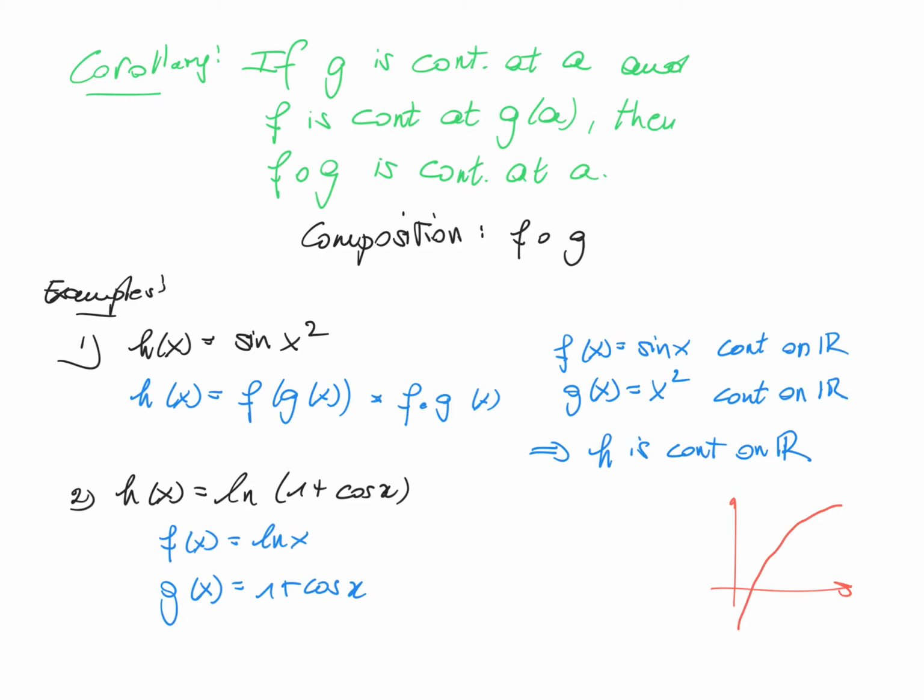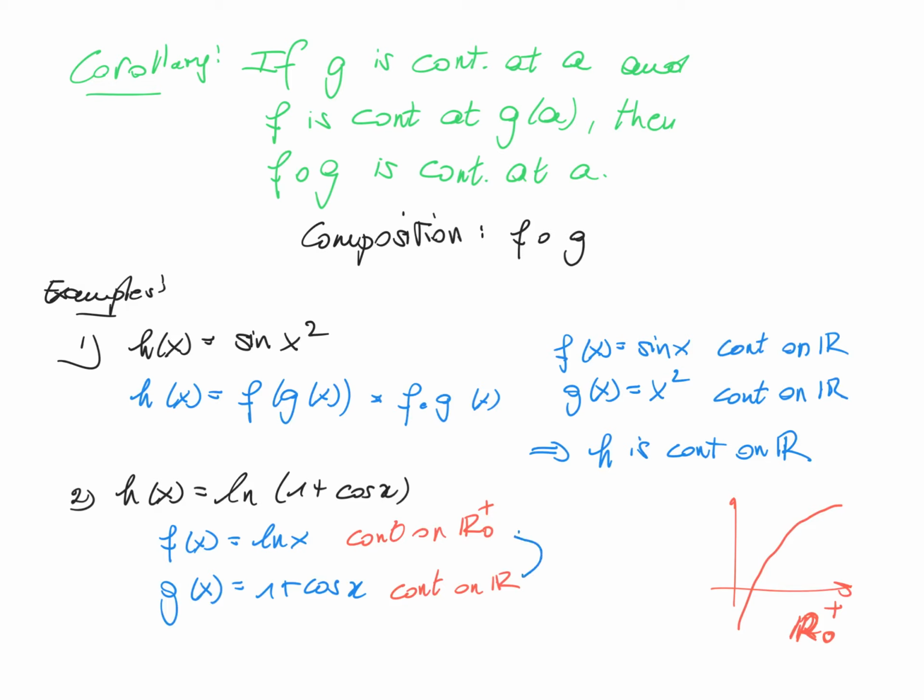The function is only defined on positive real values, without the value 0. So it's defined on R positive without 0. So ln of x is continuous on its domain, R plus without 0. On the other hand, cosine is continuous on the entire real line. If we add 1, it won't make a difference, so g of x, 1 plus cosine x, is everywhere continuous.